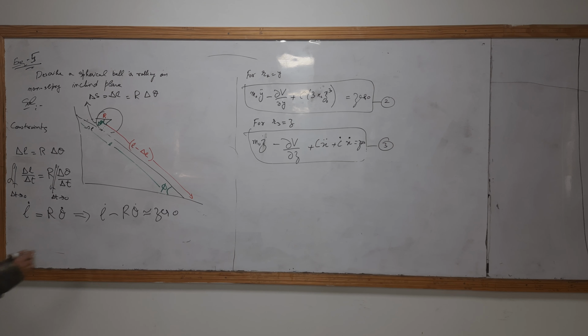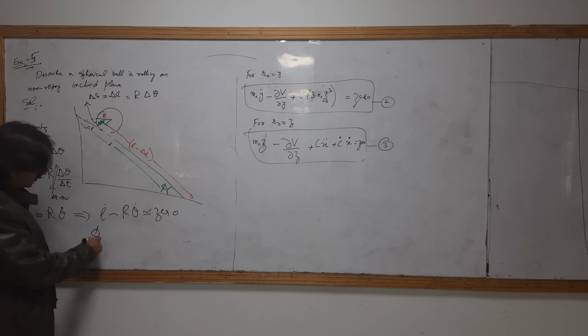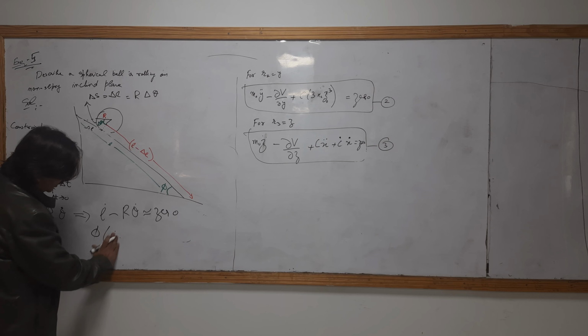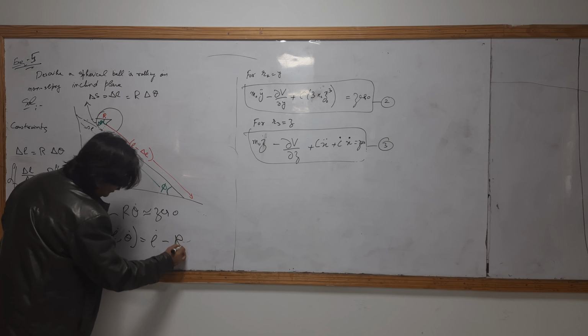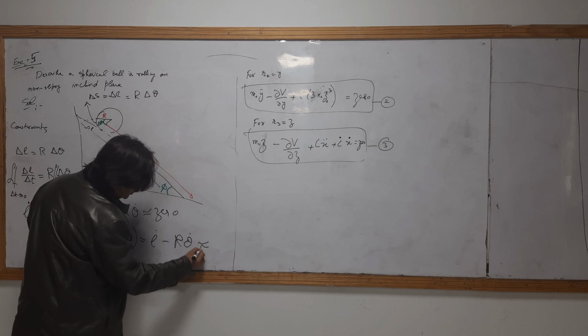So this constraint phi is L dot minus R theta dot, which is weakly equal to 0.